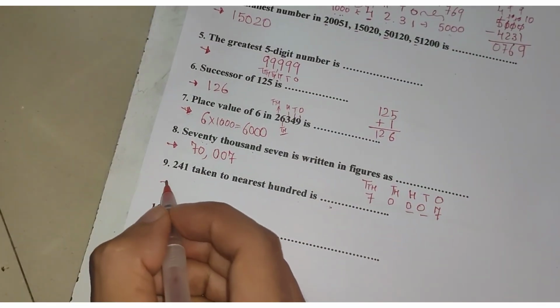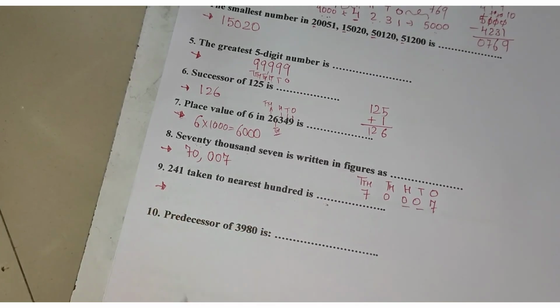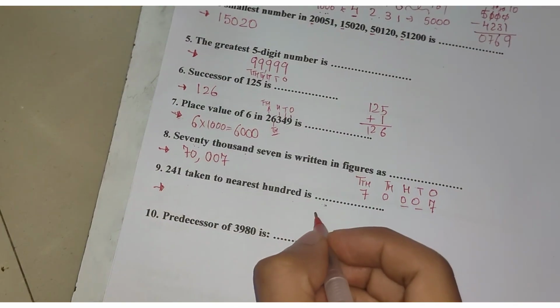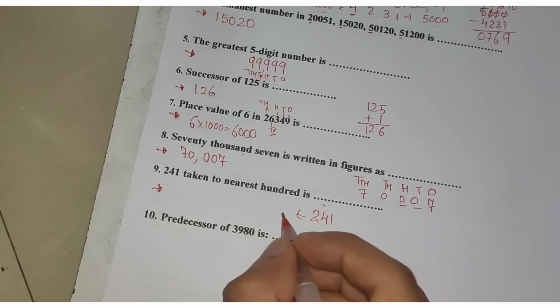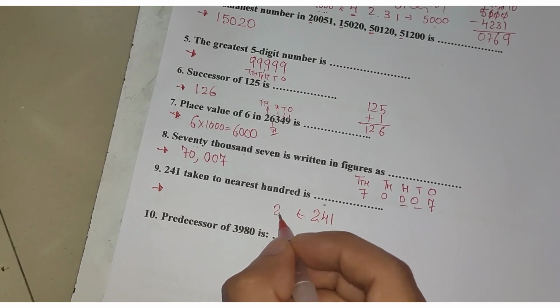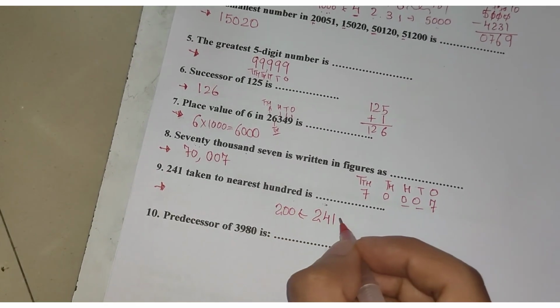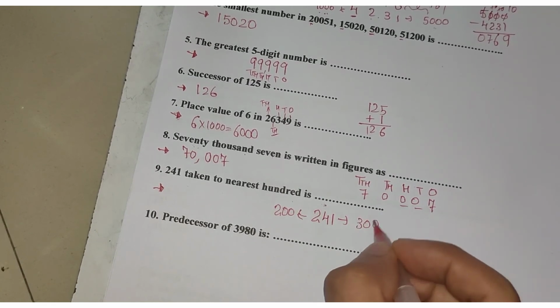Now 241 taken to the nearest 100. See, we have just now seen the thousands one, right? We have to identify the gap on both sides of the number, and accordingly we will write the number. So for 241, we have to identify the nearest 100. On this side it's 200, on this side it's 300.